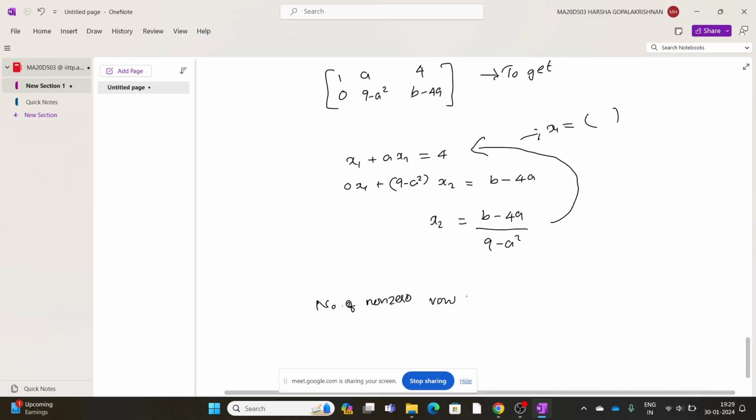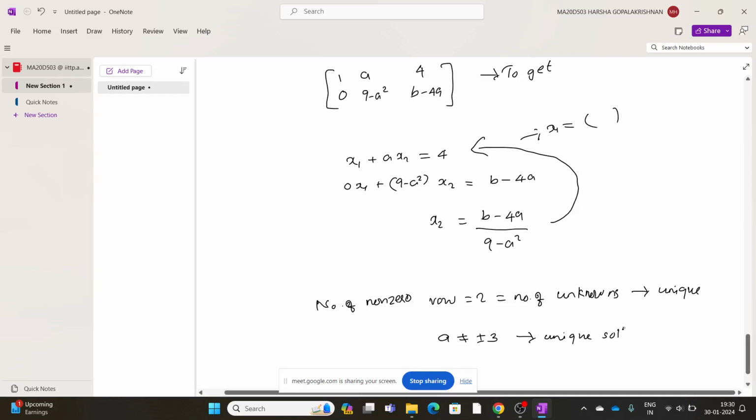Non-zero rows equal to 2, which is equal to the number of unknowns. So this is the condition we already told to have a unique solution. So in order to have two non-zero rows, we want 9 minus a square not equal to 0, or a not equal to plus or minus 3. Okay, this answers it. In this case, we have a unique solution.